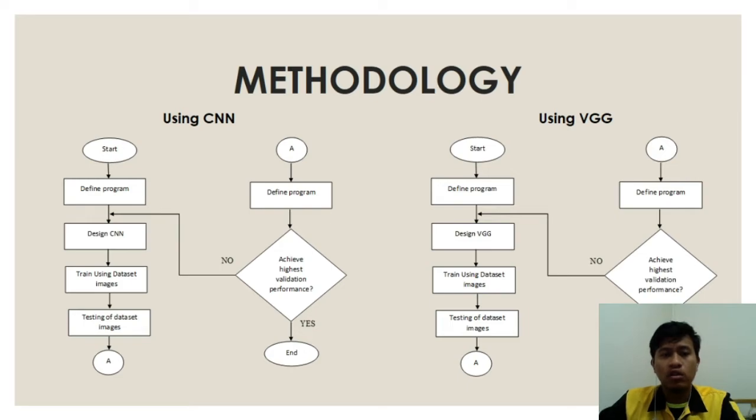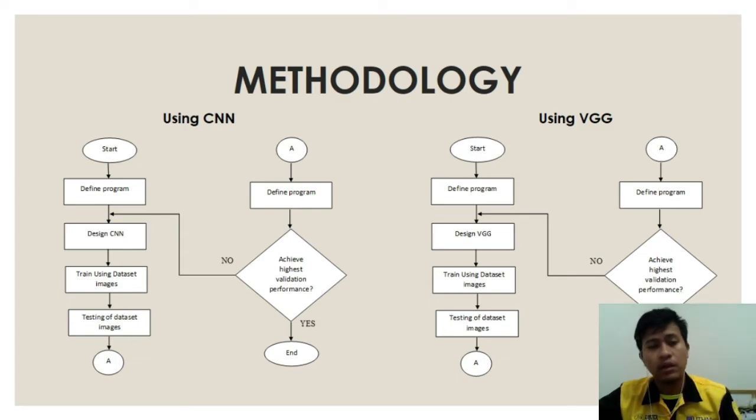They are also known as shift invariant or space invariant artificial neural networks, based on their shared-weight architecture and translation invariance characteristics. Both of these methods use coding to analyze visual images.